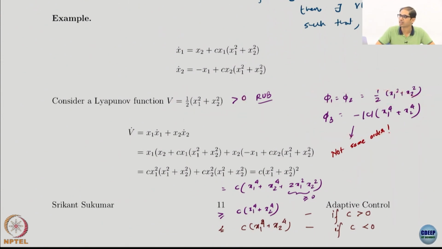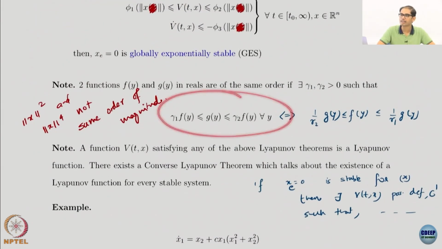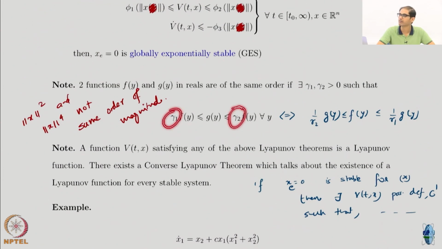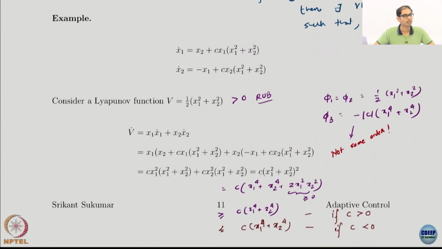These are not the same order of magnitude, because if you remember I gave you the example, if you increase the power then you cannot make the comparison with constants, this will never work. So not exponentially stable but uniformly globally asymptotically stable, or globally uniformly asymptotically stable, however you want to say it. Many folks use UGAS, many use GUAS, so whatever suits you.